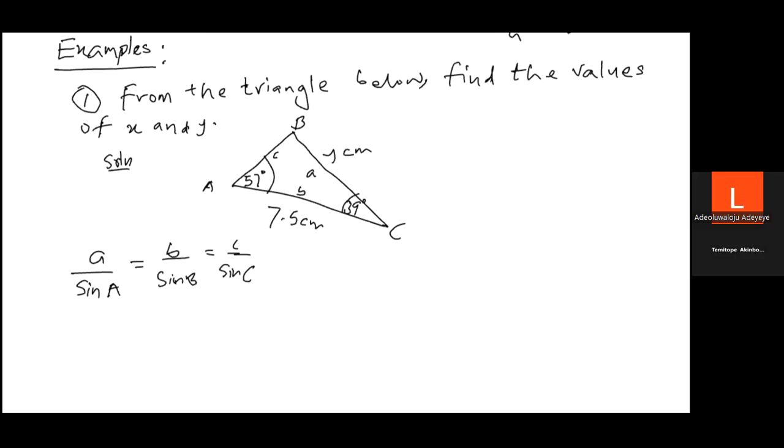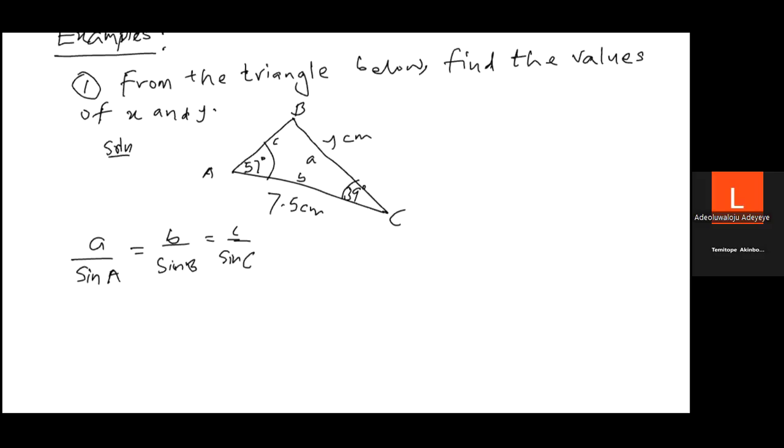So that's y over sine 57, that's angle A, equals side b, our side b is 7.5, over angle B, which we don't know, equals side c, which we don't know either, over angle C, which is 39.